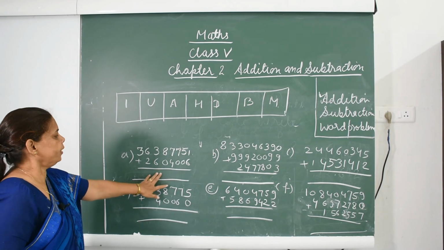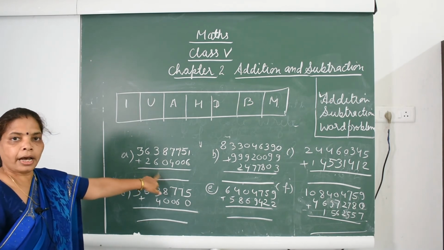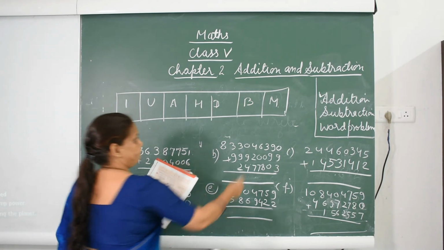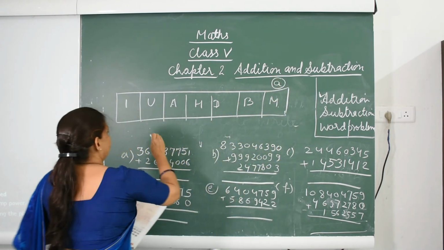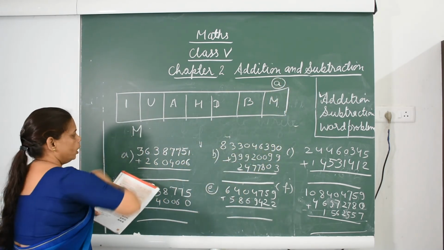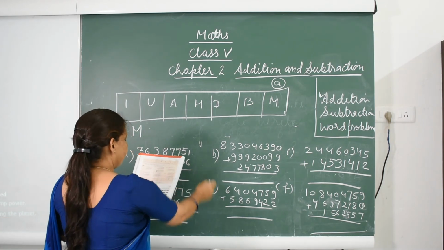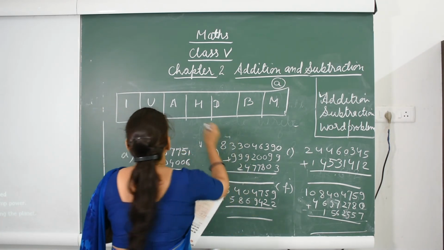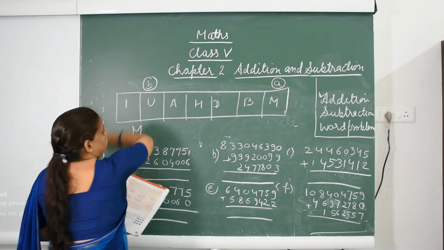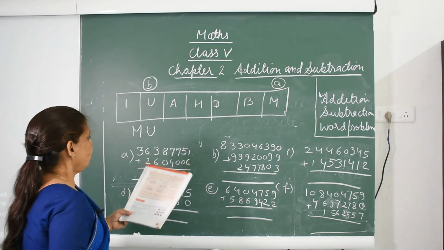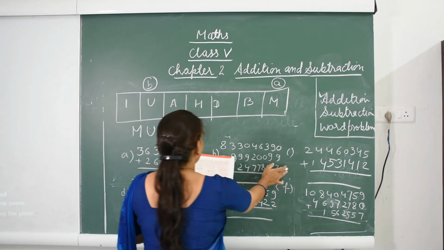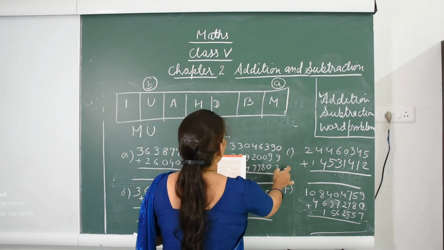After adding, you get the answer of A comes in the place of M. So we write here A, M, and answer of B comes in the place of U. So U, and the answer of C comes in the place of again M.